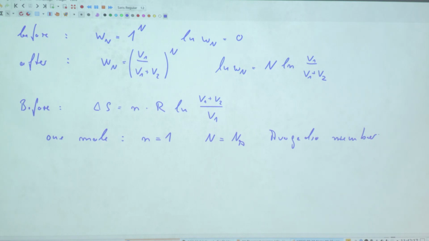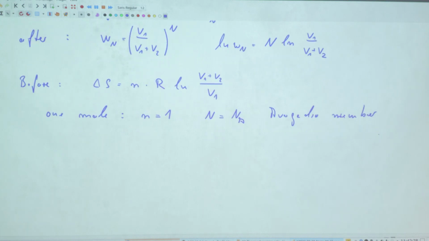So we can equate these two, or replace this logarithm here by the other one here. And we find that this delta S here is... what did I do here?